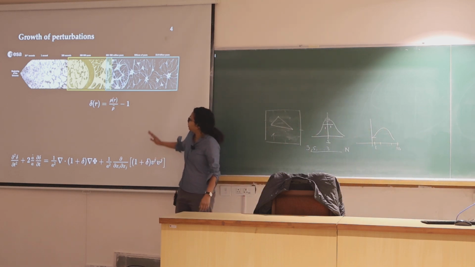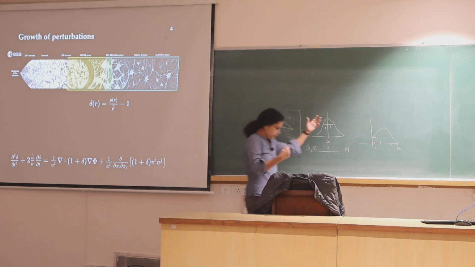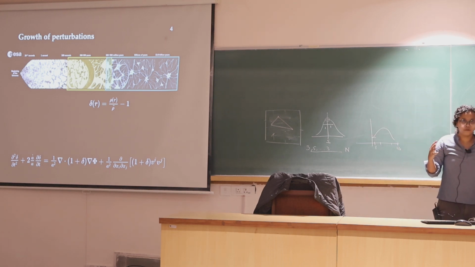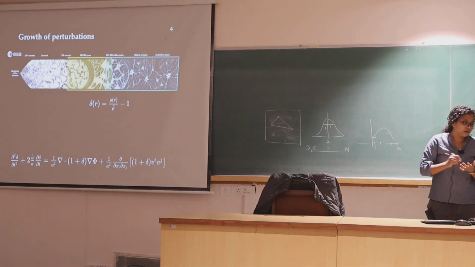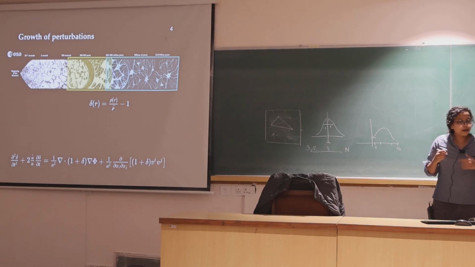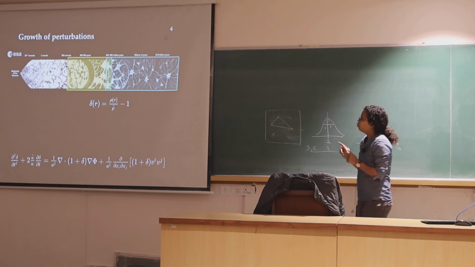What I was trying to say is that at very early times, the problem of structure formation is in the linear region, meaning you can actually take a pen and paper and solve the equation in this yellow region. It is called the linear region of structure formation. You can obtain a solution for structure formation equations in the yellow region.